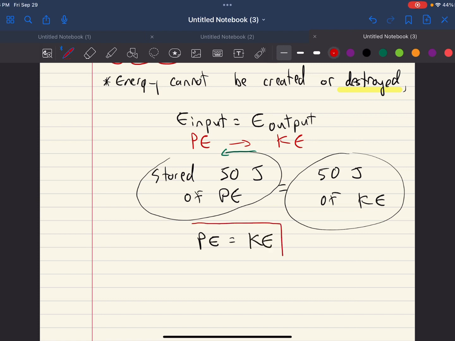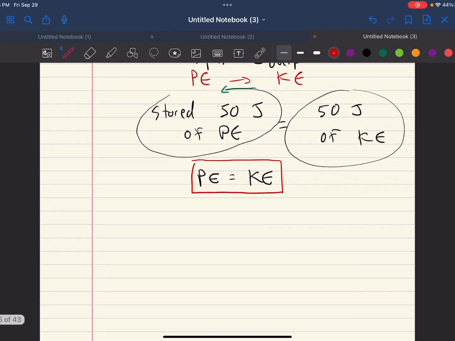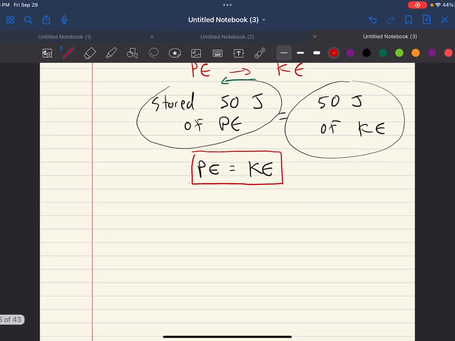And all that's really saying is that the amount of energy you start off with must be the amount of energy you end off with. And this, of course, expands into mass times gravity times height, which is equal to half the mass multiplied by the speed squared.